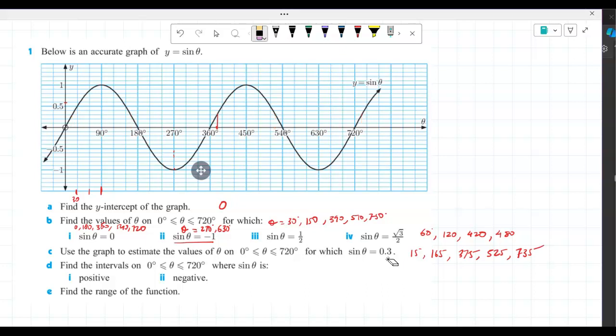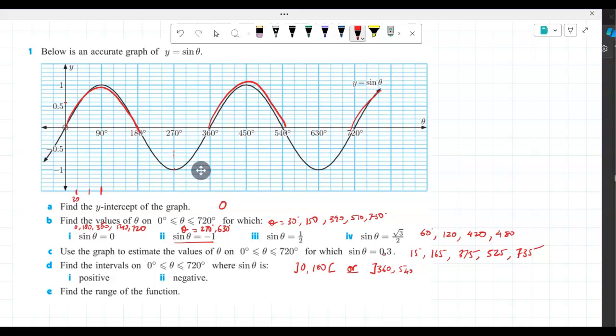Find the intervals in which sine theta is positive. When is it positive? Positive is when the graph is above. This is positive: 0 to 180. You can use interval notation. 0 to 180, or 360 to 540.